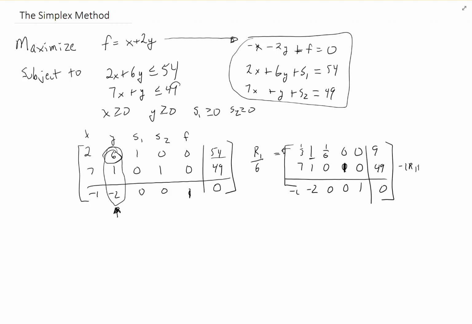Negative 1 times row 1 plus row 2, put it into the row 2 spot. I do want to use that pivot row in both of these calculations. And I'm also going to do 2 times row 1 plus row 3 and put it into the row 3 spot. So the top row will stay the same.